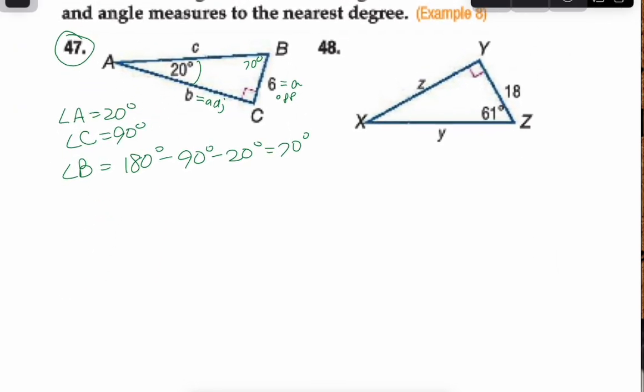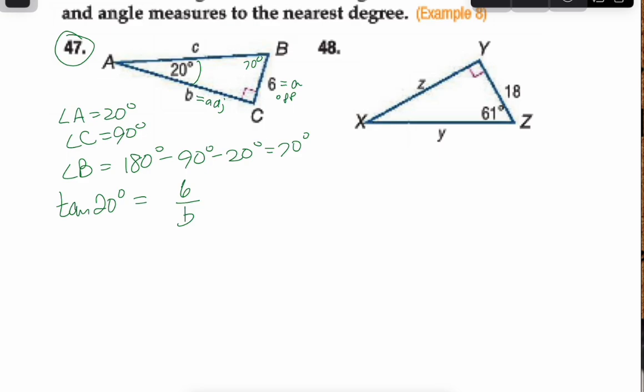So side b, since we know A is 20 and little a is 6, the tangent of A is going to be opposite over adjacent. Okay, so now we have a tool for us to solve for little b.